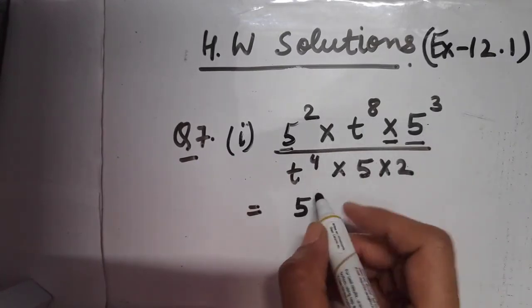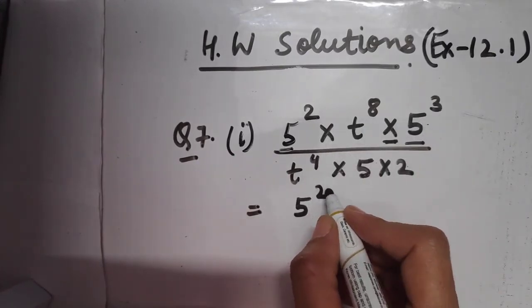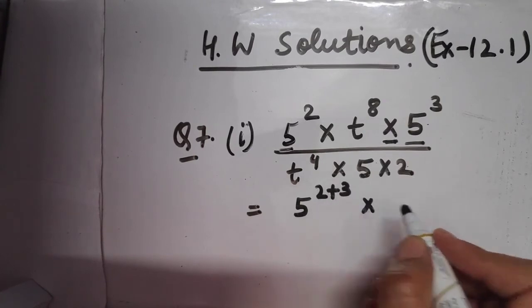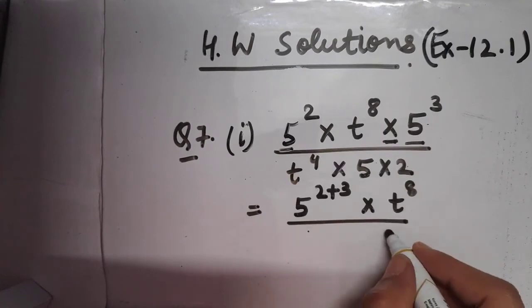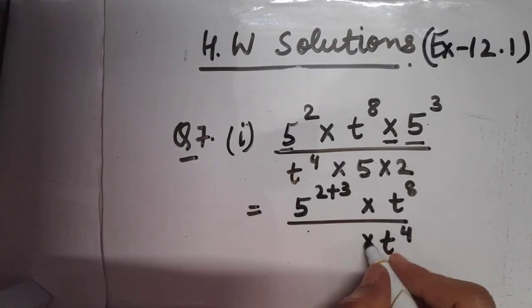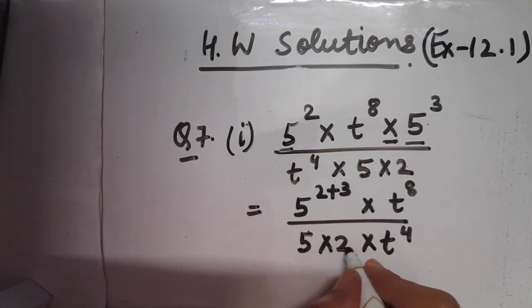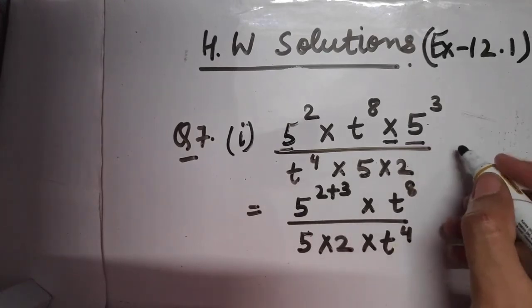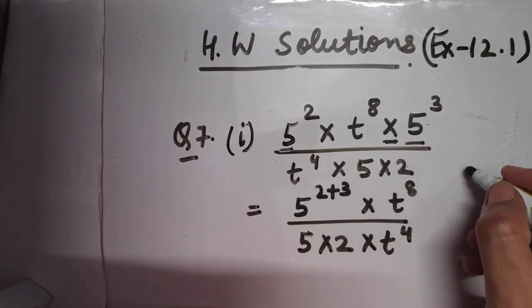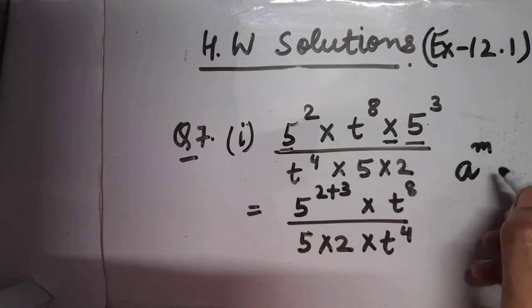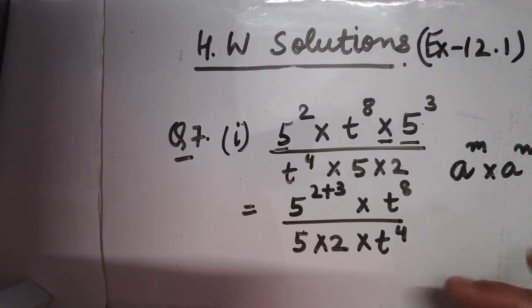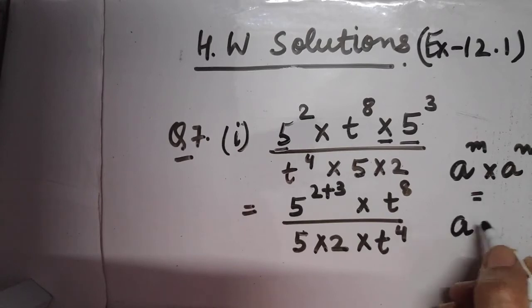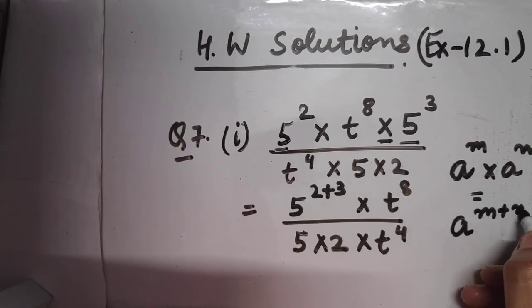So I can write like this: 5 raised to the power 2 plus 3 into 10 raised to the power 8 divided by 10 raised to the power 4 into 5 into 2. Now I need to write the law of exponent, that is a raised to the power m into a raised to the power n is equal to a raised to the power m plus n.